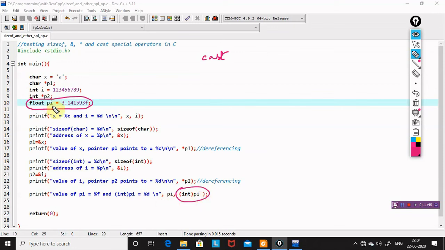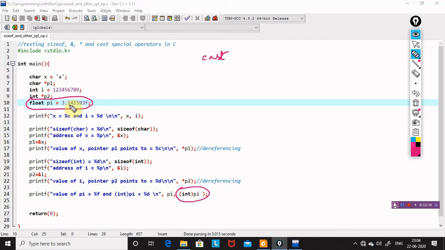Now pi is declared as a float type variable and initialized to a real value. When we invoke int on it, that means when we operate int on the pi operand, what it does is it converts it into an integer. How? Basically it truncates this value.